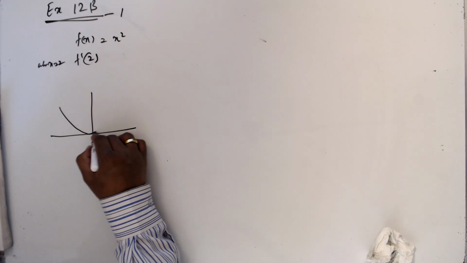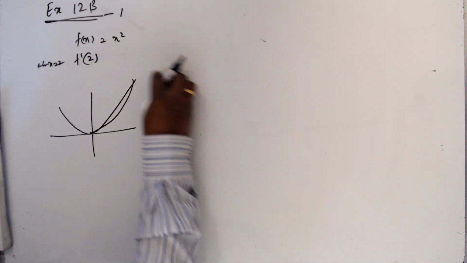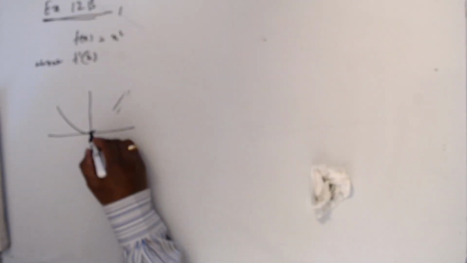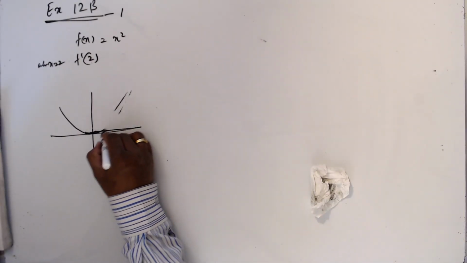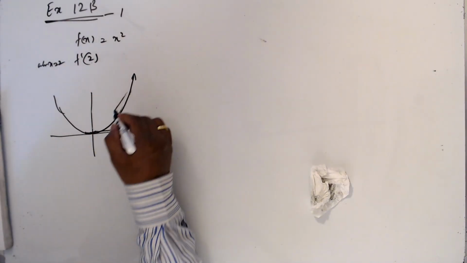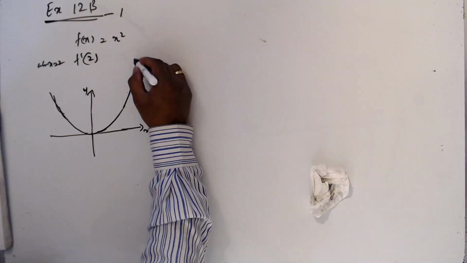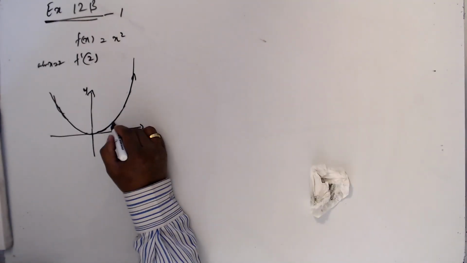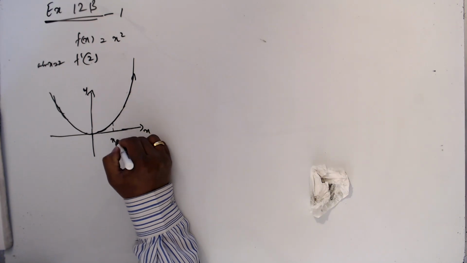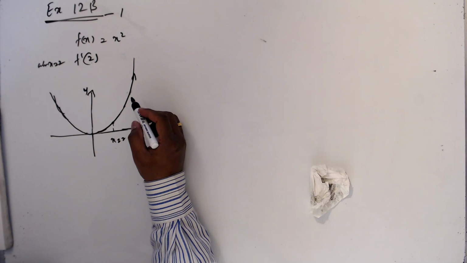So this is x equals 2. We want to find the gradient at this place.